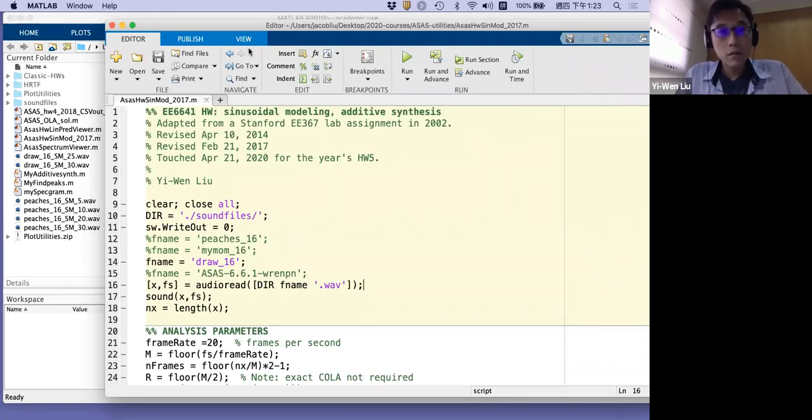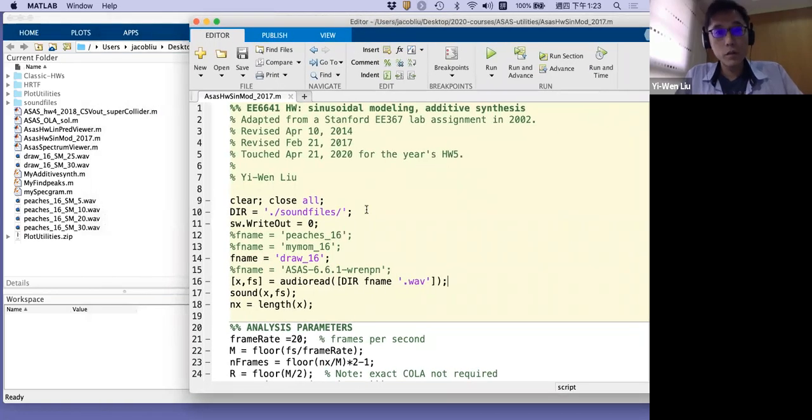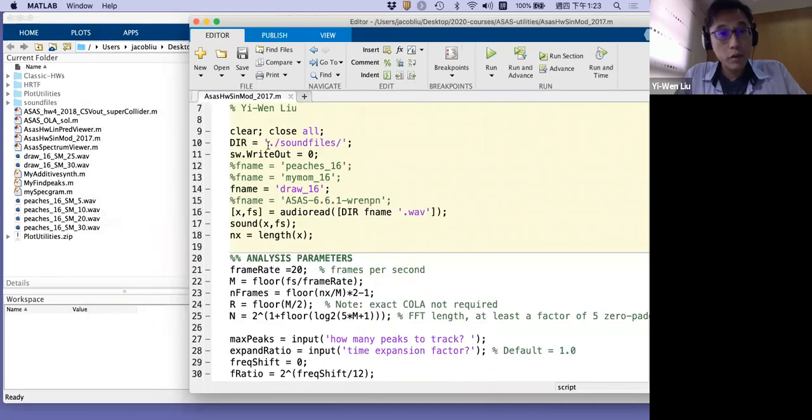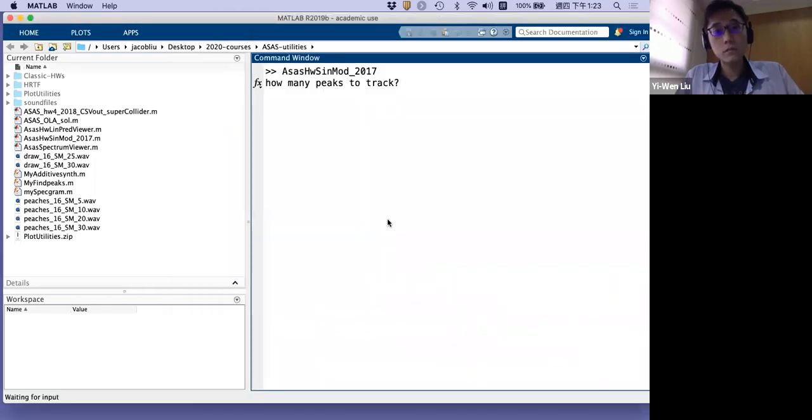So today I would like to first show you that in this starter code, you will be reading a file, of course, and then when you run it, the system plays the sound example that we are going to analyze.